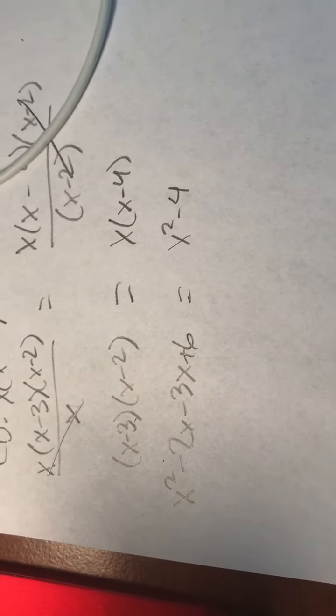What we need to do next is combine like terms. When I subtract x squared on both sides, these will cancel out. I'm left with negative 5x plus 6 equals negative 4.